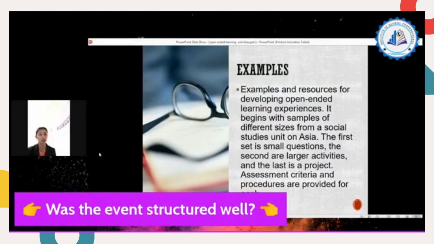Assessment criteria and procedures are provided for each. And then you're going to see some tables on how we're going to construct a question, and there will be criteria for teacher's feedback, no? Okay, first table is the open-ended question and assessment criteria. Okay, next slide please.